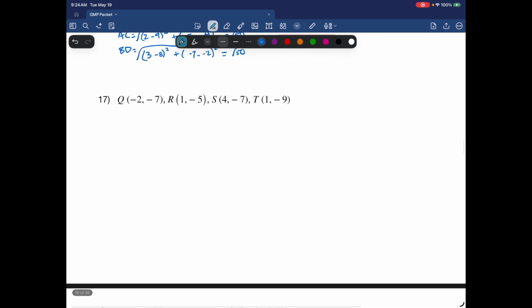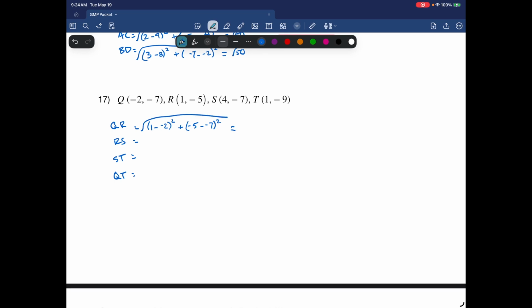One more. So we're looking for sides first. So I got QR, RS, ST, and QT. All right, so the first one, that's going to give me, let's see, I got 1 minus -2 squared plus -5 minus -7 squared.